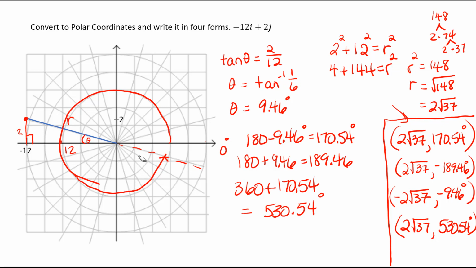But since we didn't get that angle, we can just say, if I went all the way around 360 and then I back up theta, that's 360 minus 9.46, and that's 350.54. If I did that, I would be spinning around to that 4th quadrant and then going backwards with the r. So I'd have negative 2 square root of 37 and 350.54 degrees.